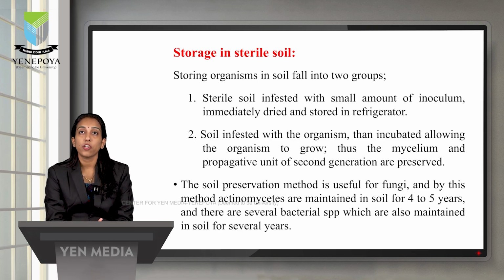In that condition, it grows as mycelium, and the propagative units of the second generation are preserved by this method. So soil preservation is mainly used for fungi. By this method, actinomycetes are maintained for almost 4 to 5 years.